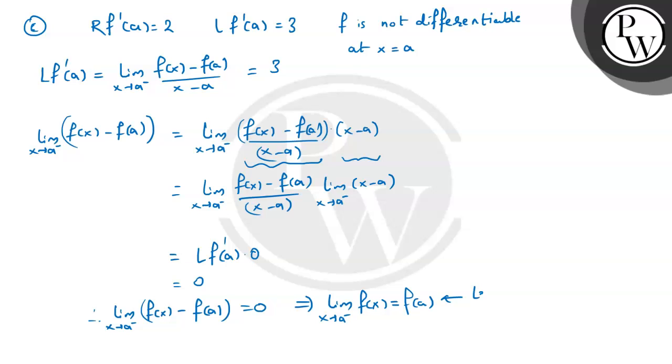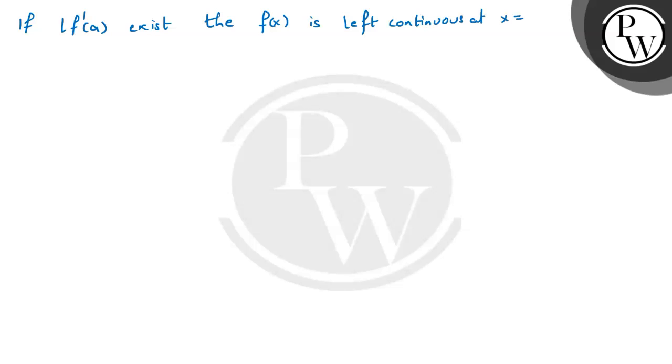This is implying left continuity of function f(x). So we are saying that if the left hand derivative of the function at a exists, then f(x) is left continuous at x equals a. That is, the limit as x tends to a minus of f(x) is equal to f(a).